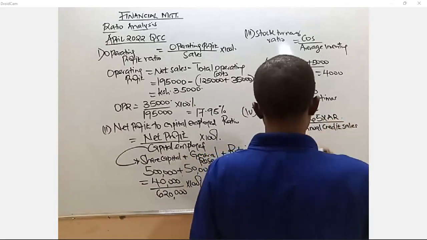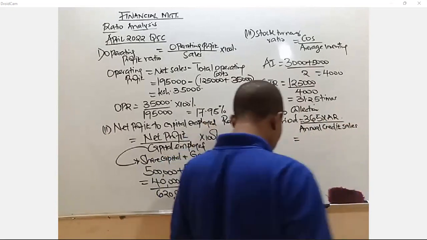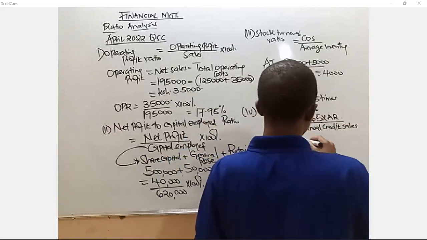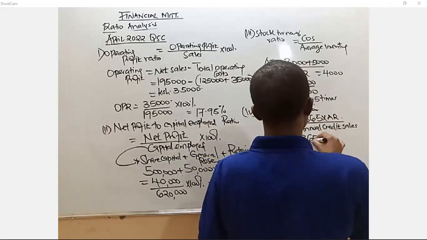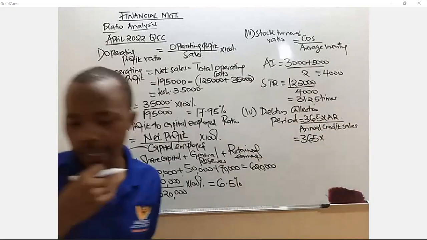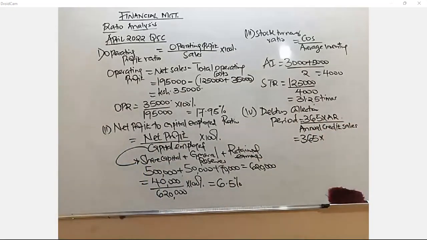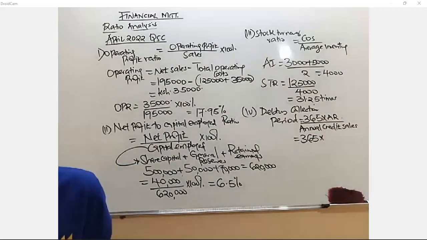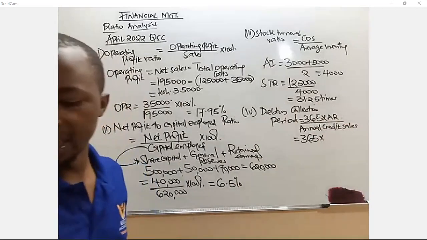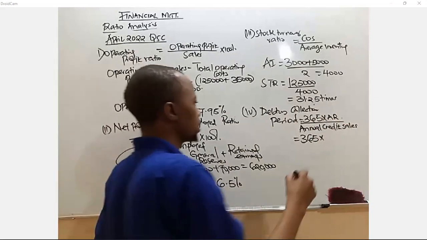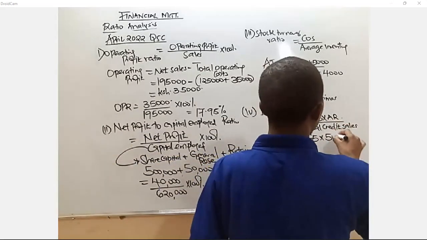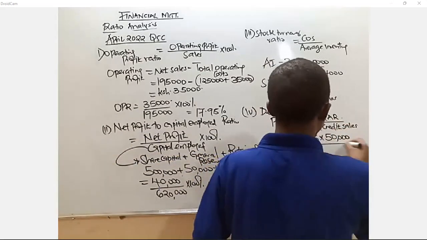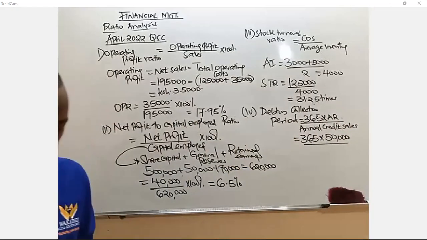In this case, I will take my 365 days and multiply by our receivables from the statement of the financial position. You will find them under the current assets, 50,000. Then you divide by our annual credit sales.